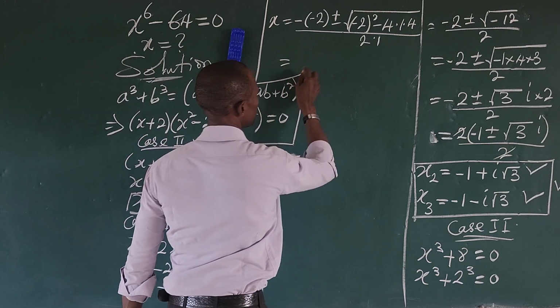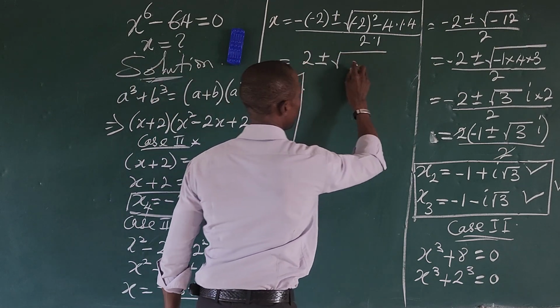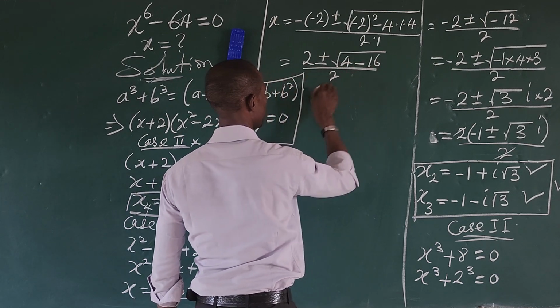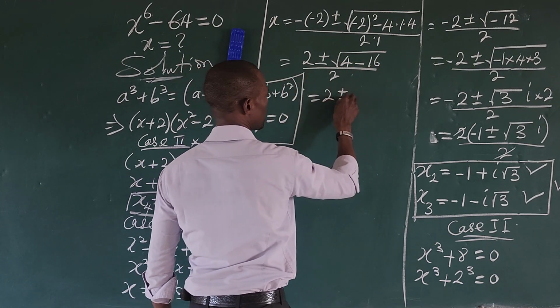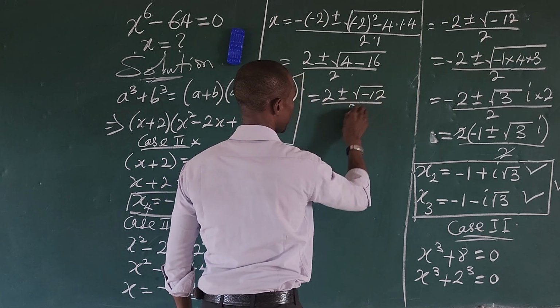This is equal to 2 plus or minus the square root of 4 minus 16 all over 2, which is 2 plus or minus the square root of minus 12 all over 2.